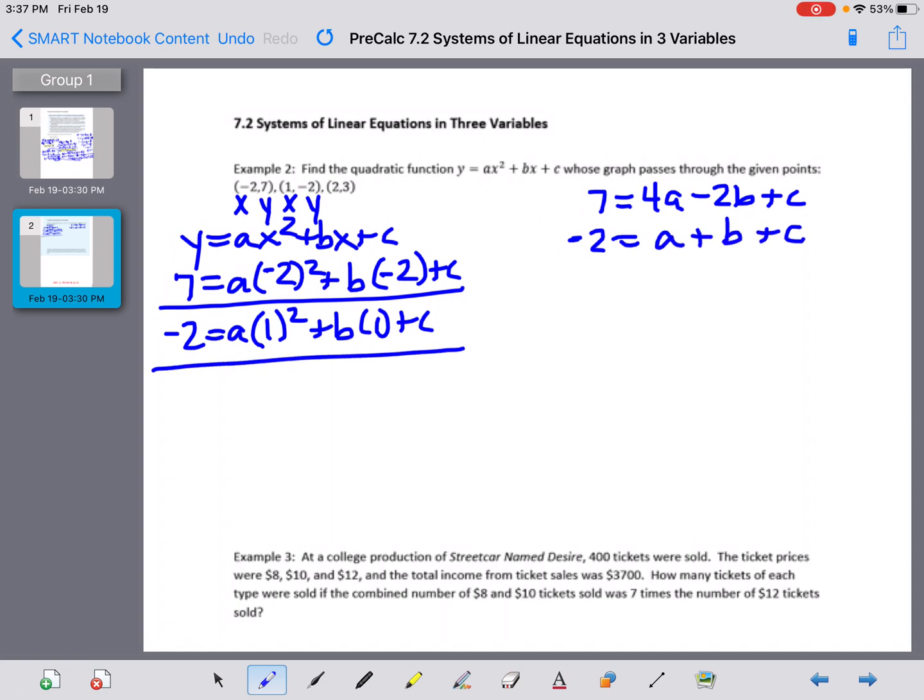All right, for my third equation, I plug in 2 for every x and 3 for the y. So the y gets a 3, a times my x of 2 squared plus b times my 2 plus c, which gives me the equation 3 equals 4a plus 2b plus c. I have a system of equations. I'm not using x, y, and z. I'm using a, b, and c, but I still have a system.